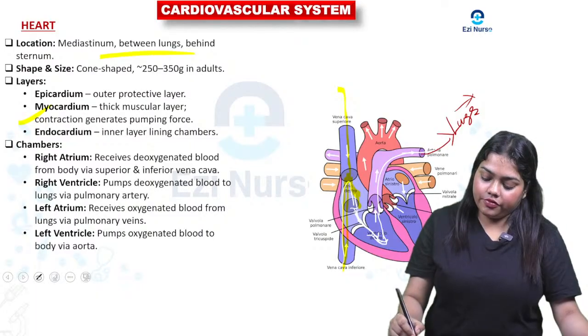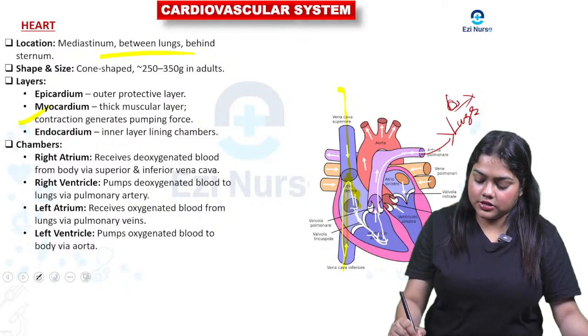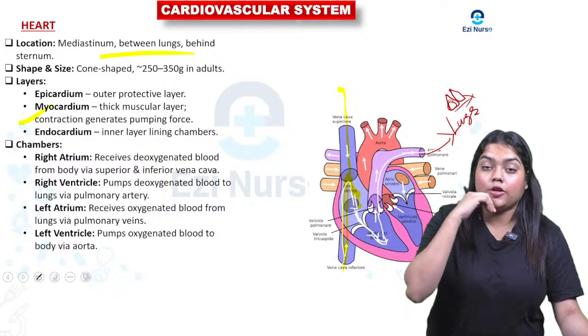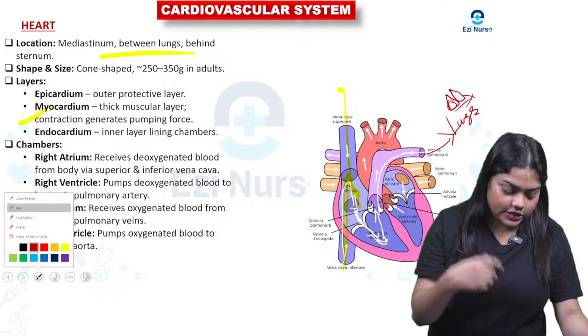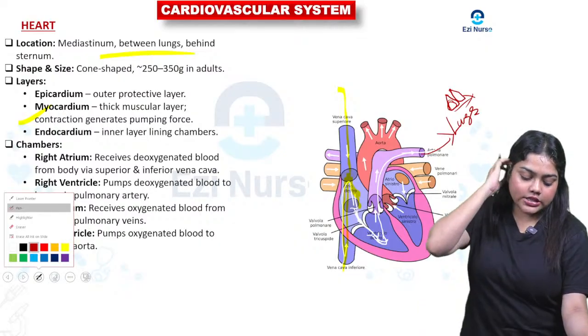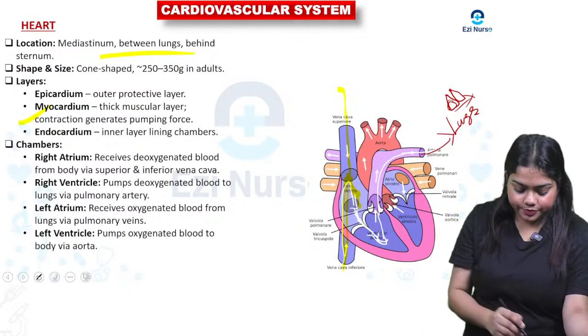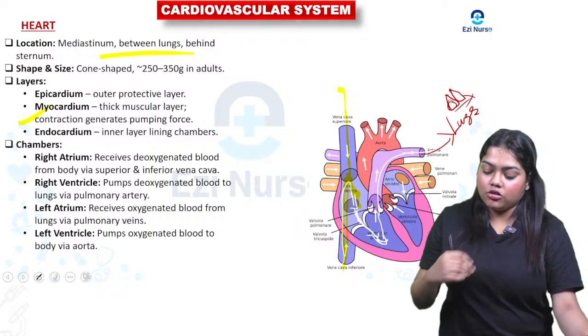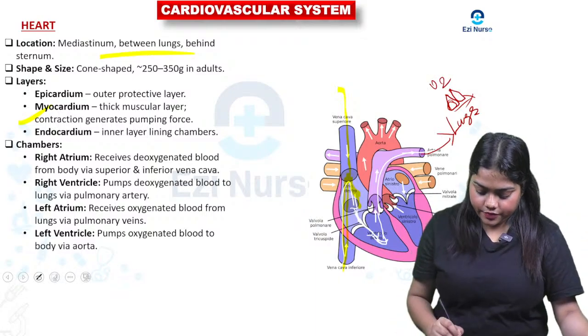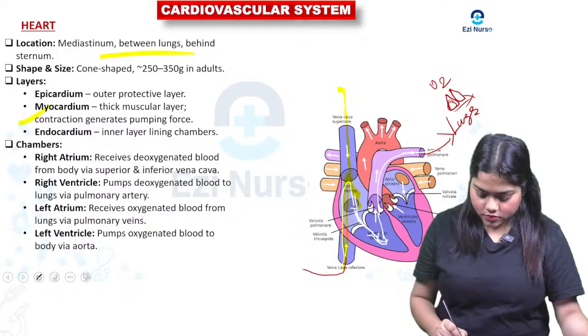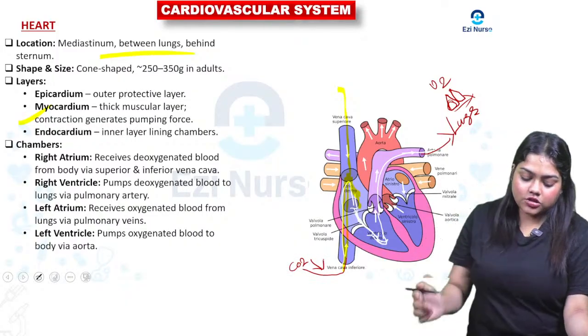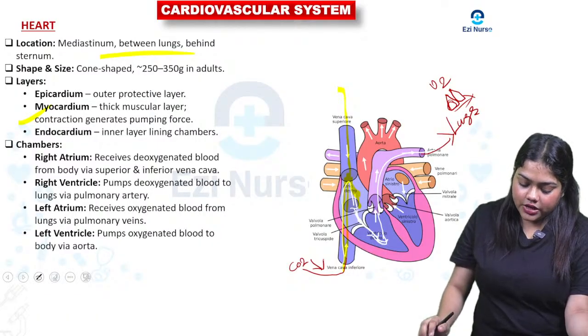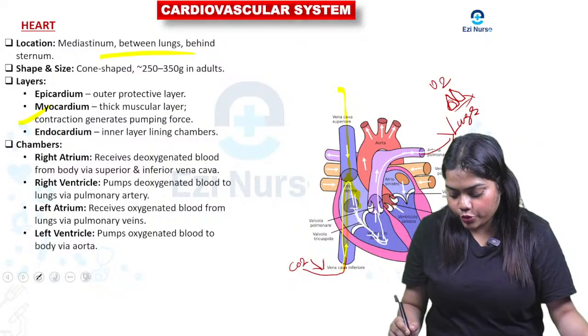Now just think about the lungs. The lungs change the deoxygenated blood into oxygenated blood. Now what will happen? This oxygenated blood comes back into the left atrium through the pulmonary veins.